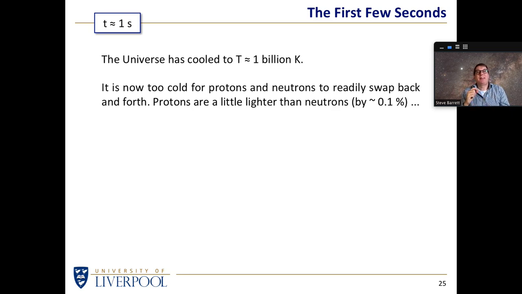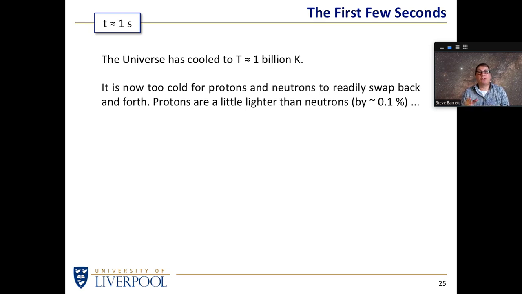Protons happen to be a little bit lighter than neutrons. How do we know that? Because we can measure them in the laboratory. We can take protons and neutrons and measure their masses, and it turns out that protons are a little lighter than neutrons. And to the best of our knowledge, there is no reason to assume that protons 1 billion years ago are any different to protons today, or any different to what protons will be in 10 billion years' time.